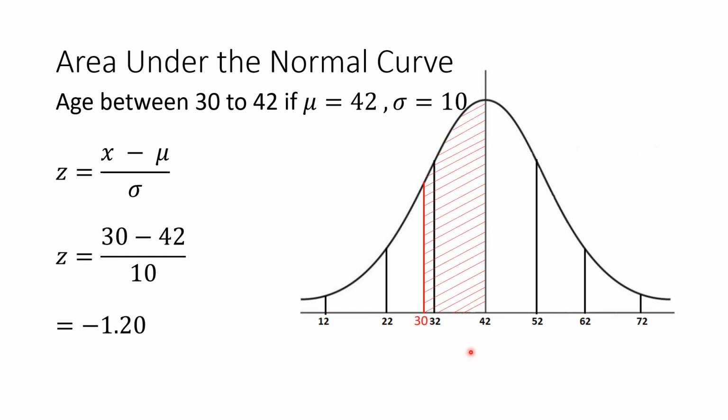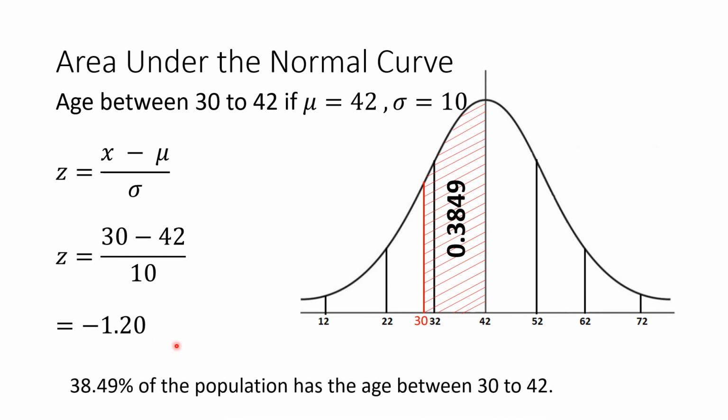And based on the table of the area under the normal curve, the value of this area with respect to the value of 1.20 as our z-score is 0.3849. In percentage, that will be 38.49%. So that means 38.49% of the population has the age between 30 to 42 years old.